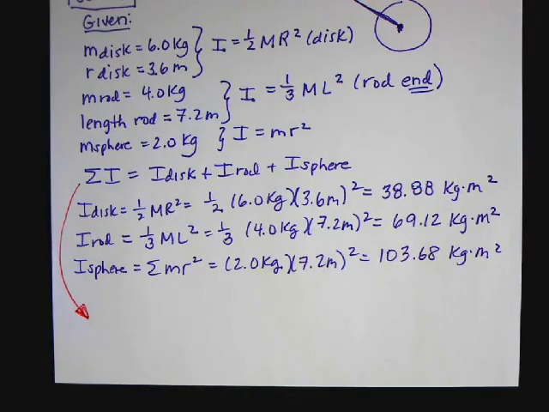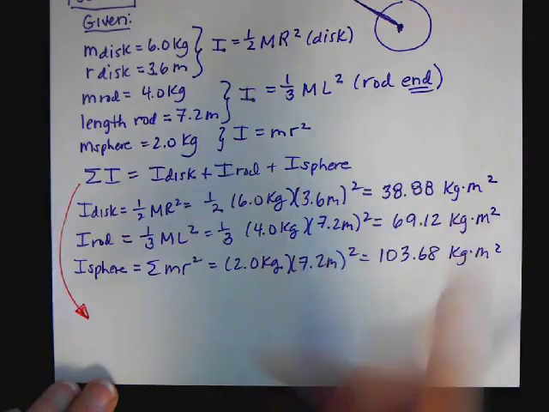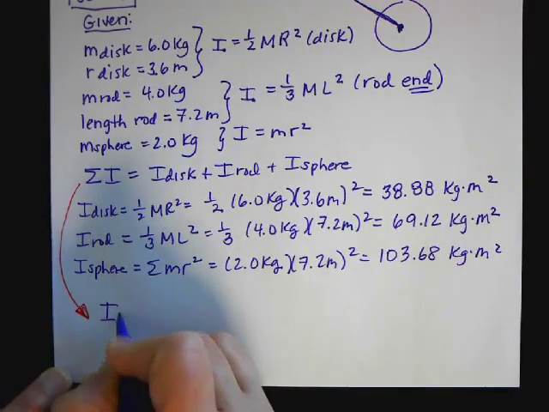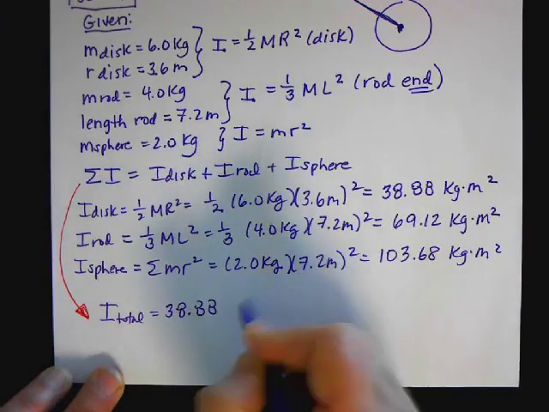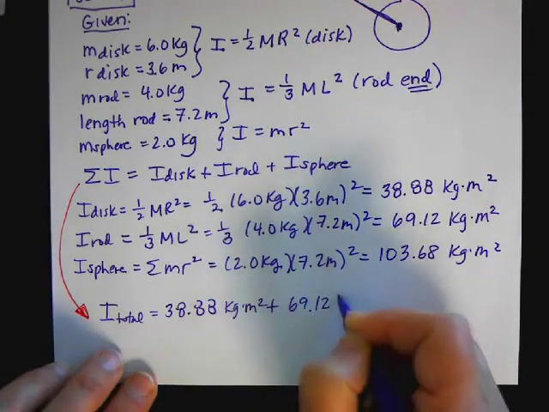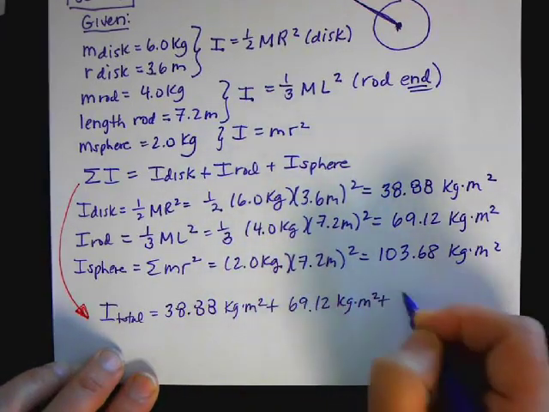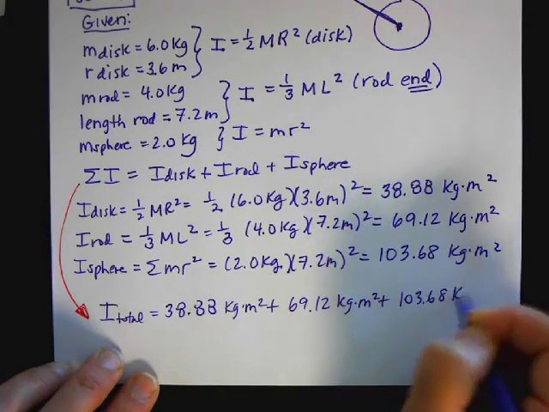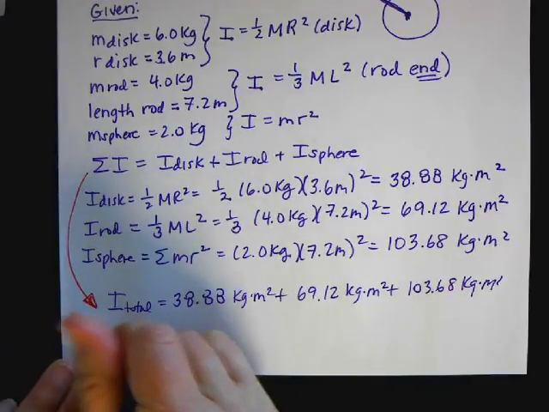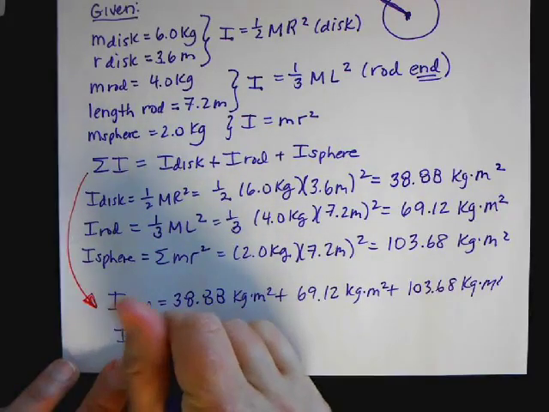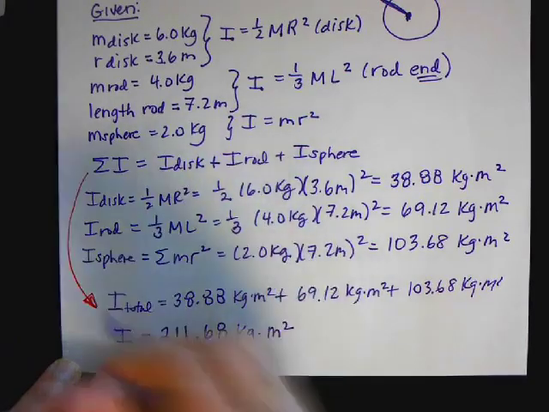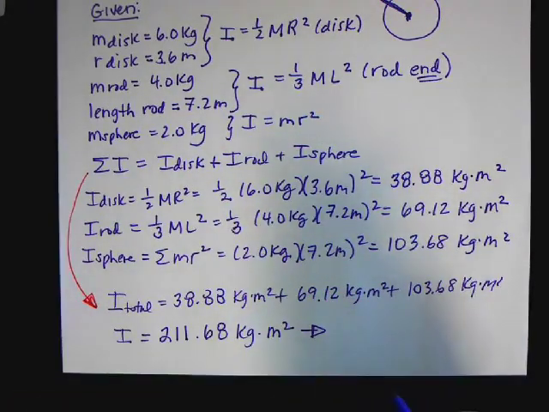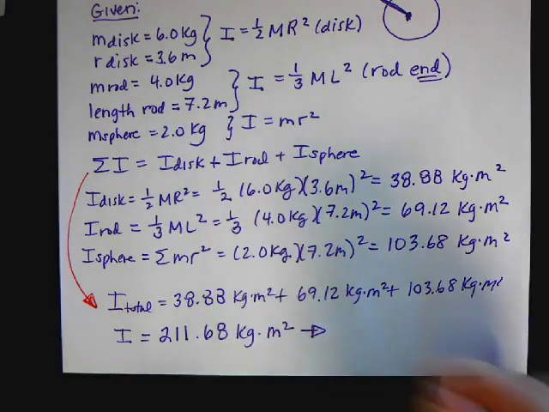So my total moment of inertia is going to be the disk, which is 38.88, plus 69.12, plus 103.68, and when I add it all up, my moment of inertia of the system is 211.68 kilogram meter squared, which we can round to 212.